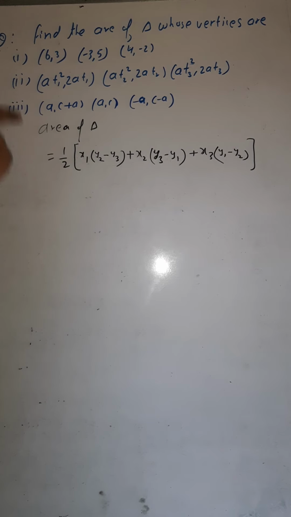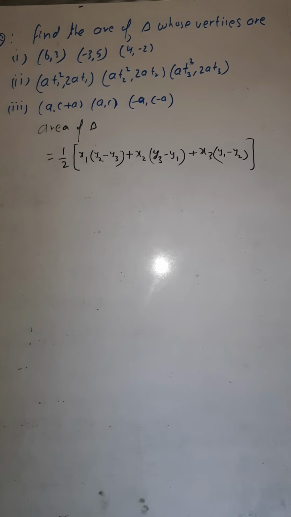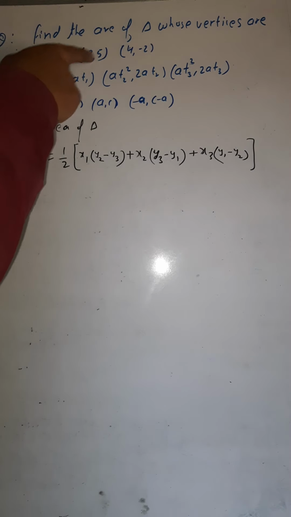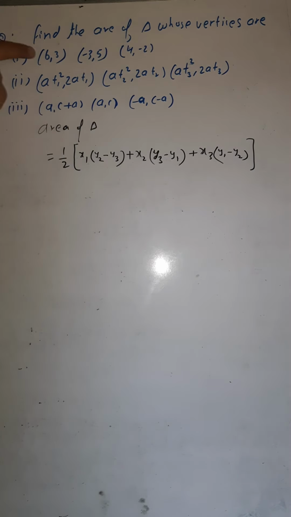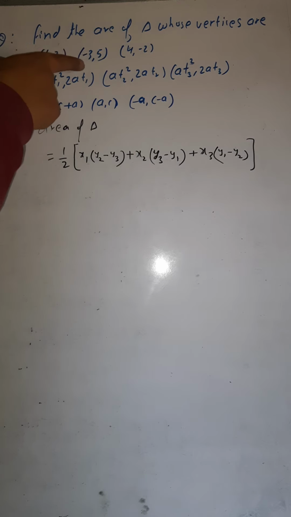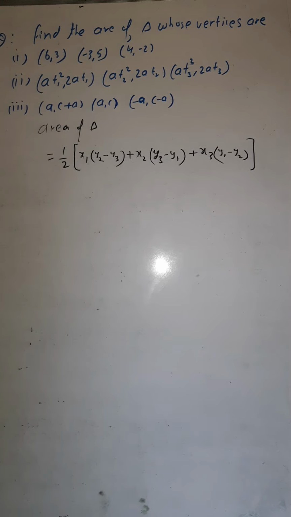Okay, let's check this for the first example. Here the vertices are (6, 3), (minus 3, 5) and (4, minus 2), meaning these are x1 y1, this one is x2 y2, and this one would be x3 y3.